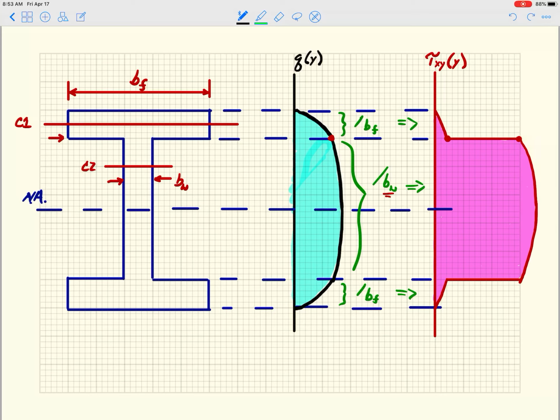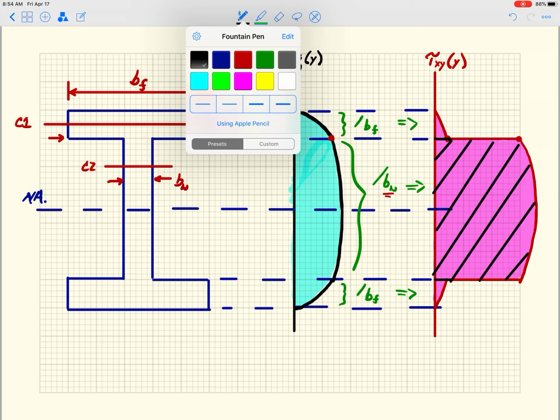Here you can see this whole section is actually where the vast majority of the shear force is taken. I take this large shear stress and integrate it over the area, and that's where the vast majority of the shear force is being taken by the web.